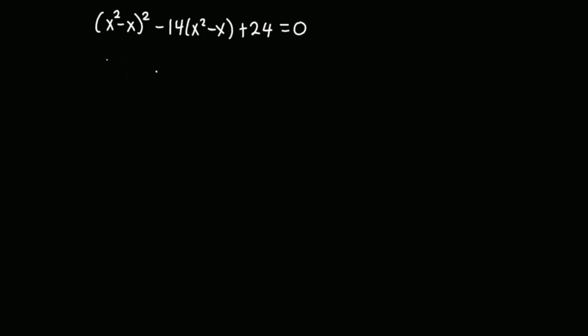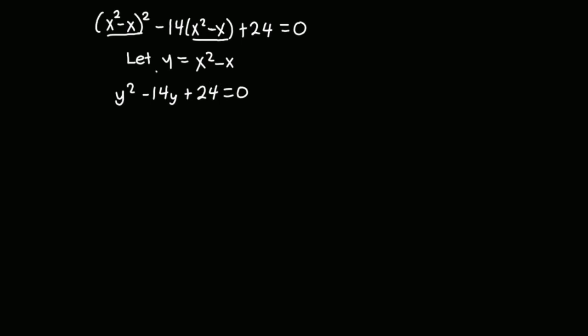With the first one, I can see that x squared minus x is common, so let me replace that with a different variable, y. So let y be equal to x squared minus x, so that over here I'll get y squared minus 14y plus 24 is equal to 0.